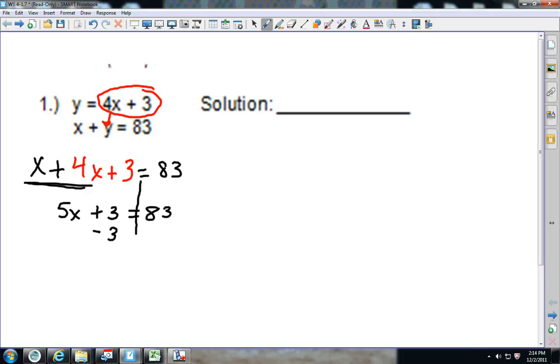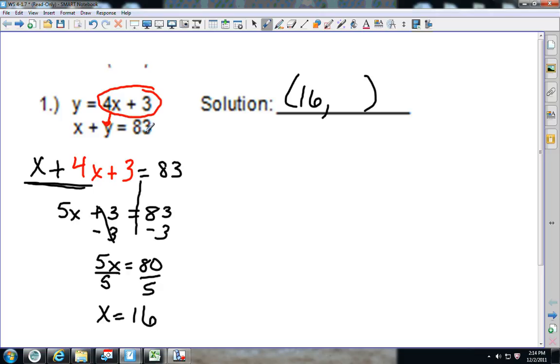Now I subtract 3 from each side. I get 5x equals 80. I'm going to divide by 5. X equals, let's say, 16. X is 16. Now, normally I choose this one right up here. I'm just going to show you that I can choose the bottom one.